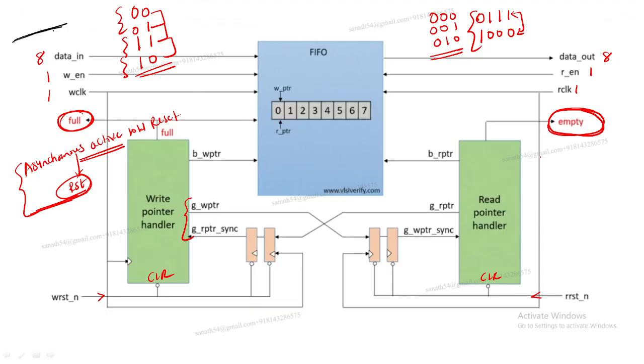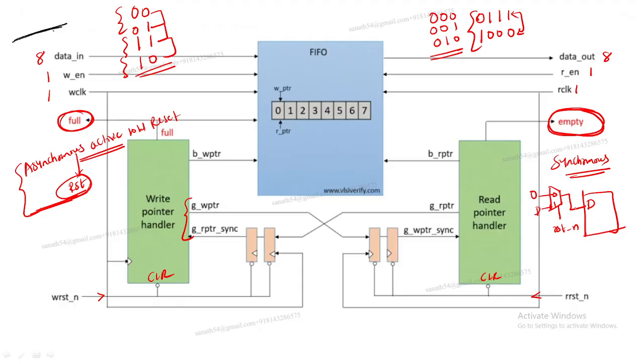Suppose I am using a synchronous reset. Suppose this is a D flip flop, and there is a 2 cross 1 mux connected to D. If it is active low reset, you need to give reset_n here, and 0 is given to the D input, and if it is 1, the D input is given.